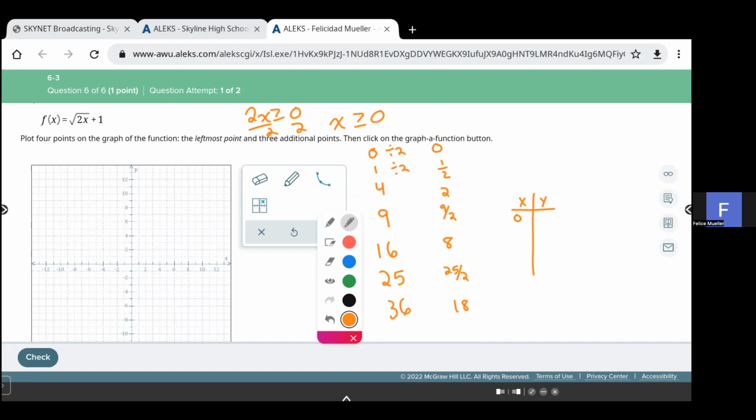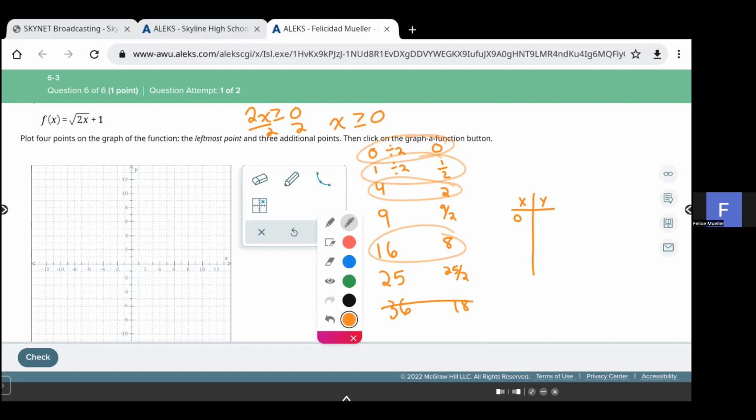Based on the graph that I do have, I know I can't pick anything over 13, so I can't use 36, and I need 3 points. So I'm going to use this one for sure. I have to use this one, and I need 3 more points. I'll use this, and I'll just go ahead and use 1 and 1 half for my x value.